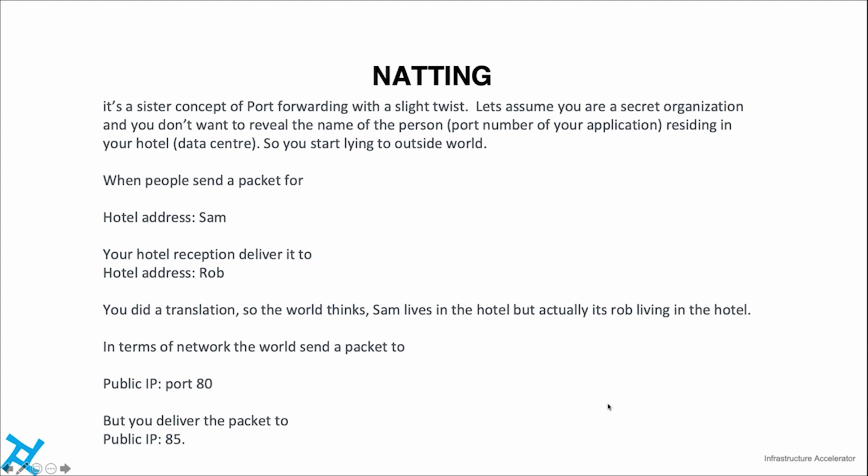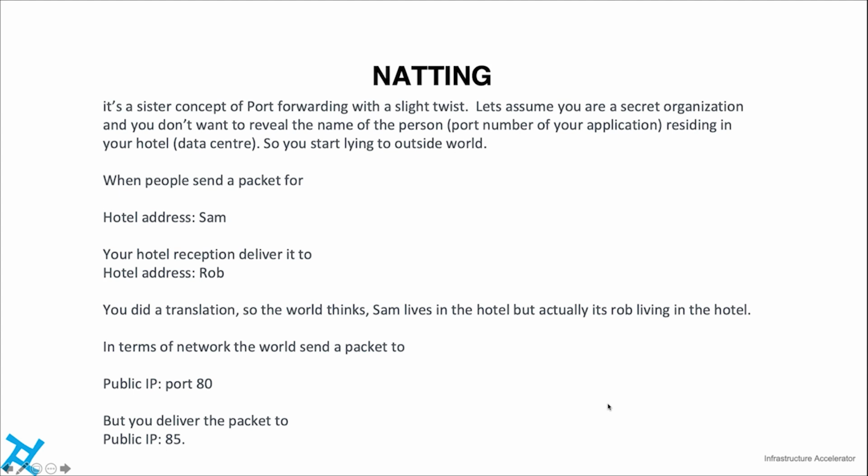Let's assume that you are a secret organization and you don't want to reveal the name of the person / port number of your application residing in your hotel / your data center. So you start lying to the outside world. When people send a packet for hotel address colon Sam, see, that's a network socket. Hotel address is equal to the public IP of the hotel, and Sam is equal to the port number or the person name.